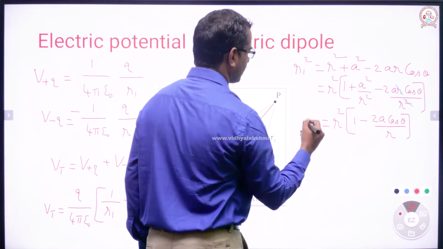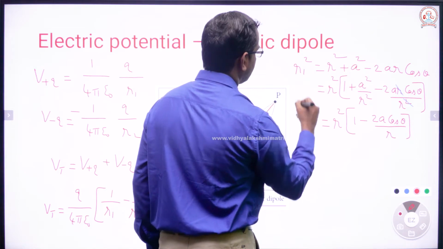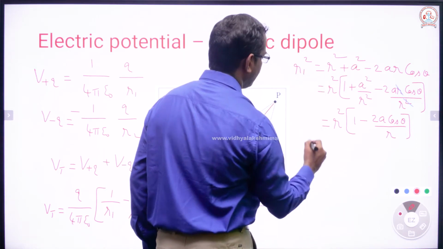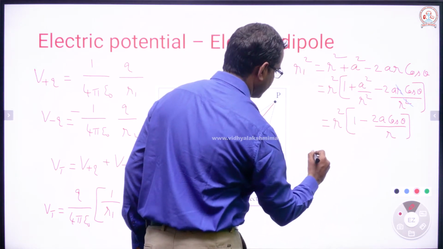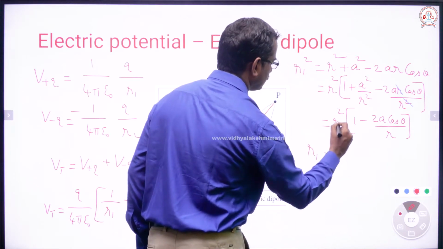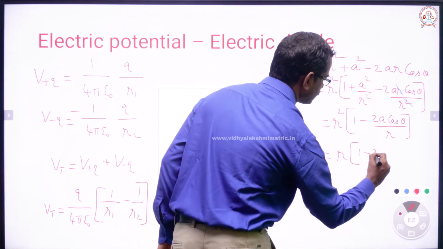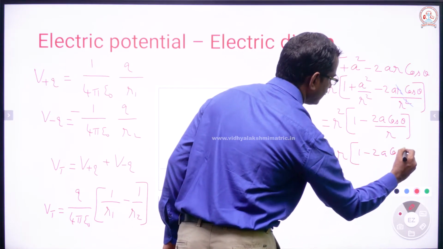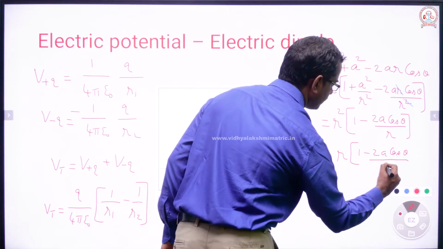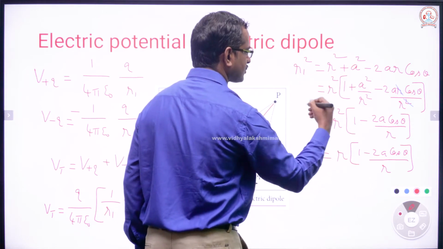This is r1 square. Then, taking the square root on either side, r1 is equal to r into 1 minus 2a cos theta divided by r, with the power of 1 by 2, because we are taking the square root on either side.